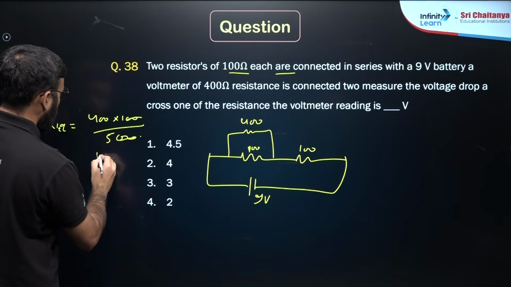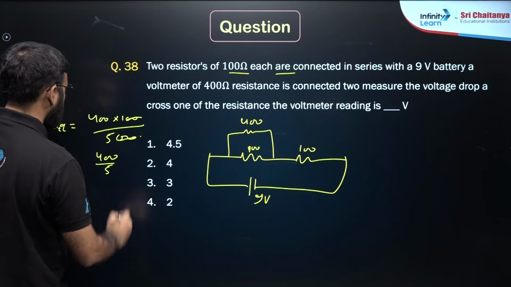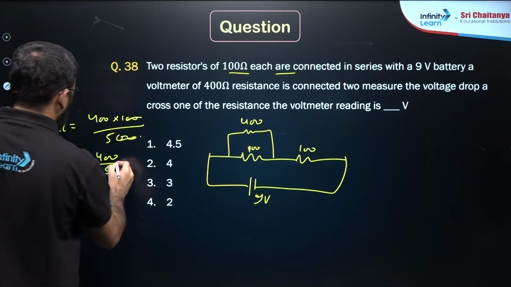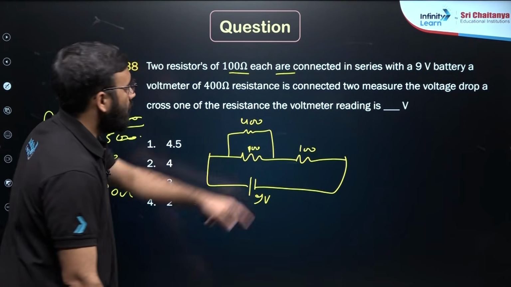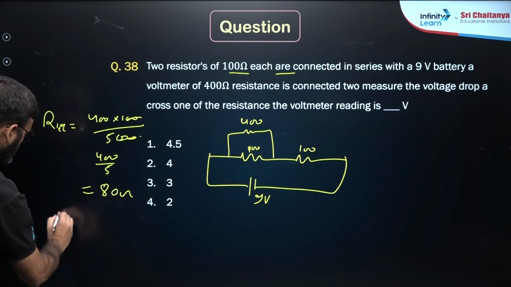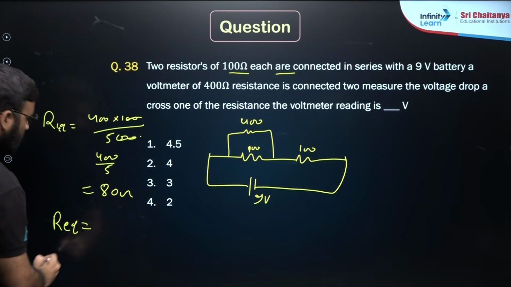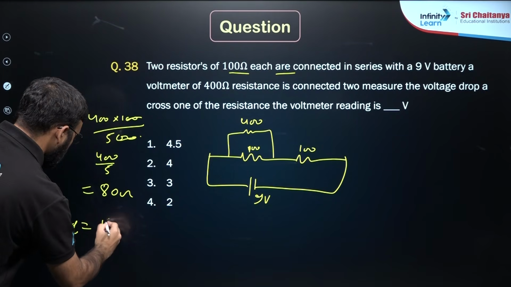So 400 by 5, this value is 80 ohm, and this 80 ohm is in series with my 100 ohm. So what is my R equivalent of the circuit? That is 180 ohm.